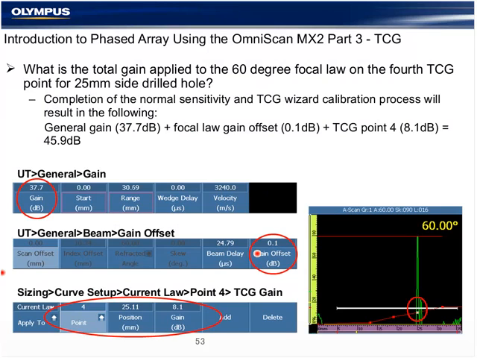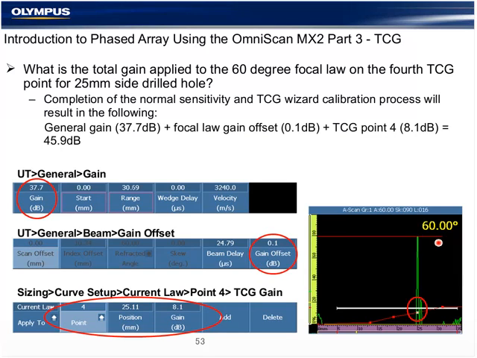In the wizard process, we built TCG points 1, 2, 3, 4. So the fourth point, as in the question, at 25 millimeters, had an 8.1 TCG gain, 0.1 offset gain, for a total of 49.9 gain at 60 degrees.